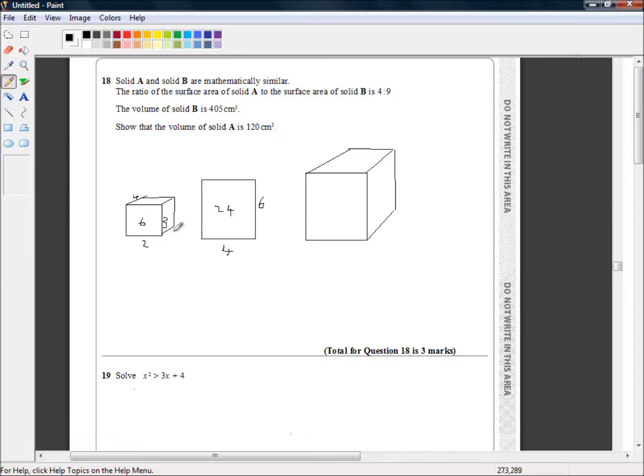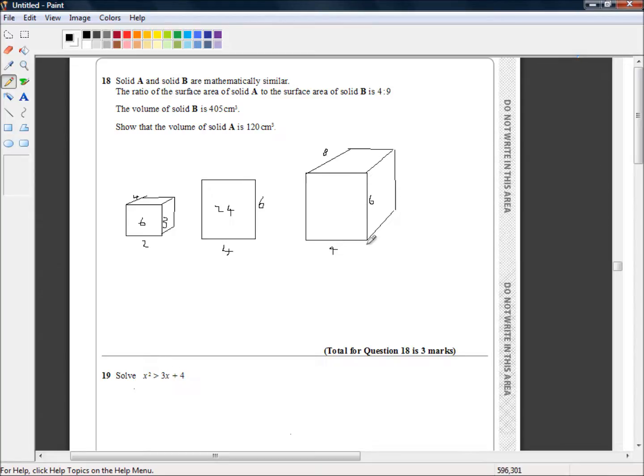So again, if they're mathematically similar, just like with the square or the rectangle, if this length is twice as big, then this length is twice as big. If this length is twice as big, then this length is twice as big. And if this length is twice as big, then this length is twice as big. So we've scaled up the lengths by a factor of 2.